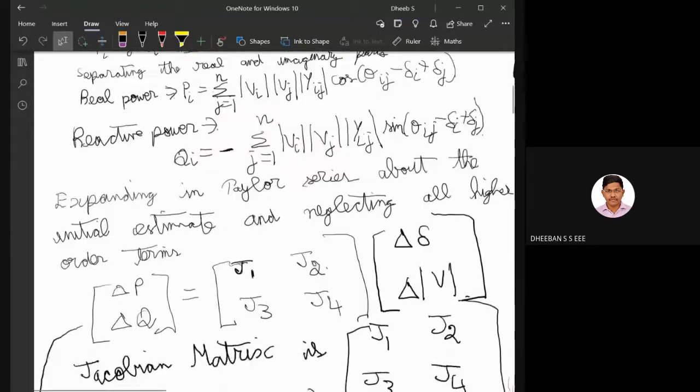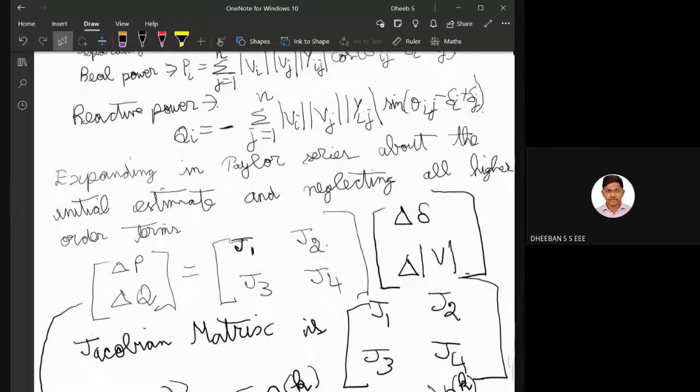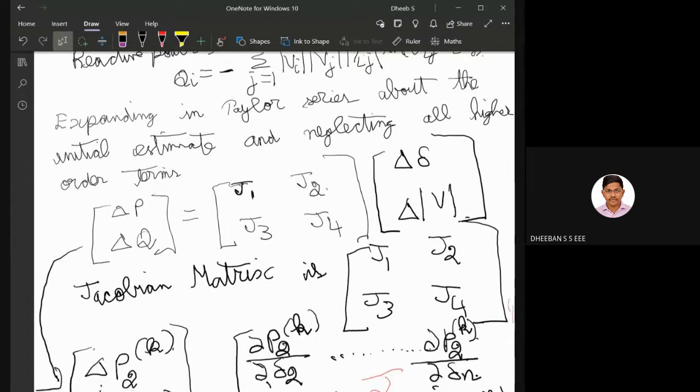After that, we expanded those in the Taylor series and arrived at the load flow equation, del P by del Q, and we got the Jacobian matrix, and you have to solve this equation to get the solution.